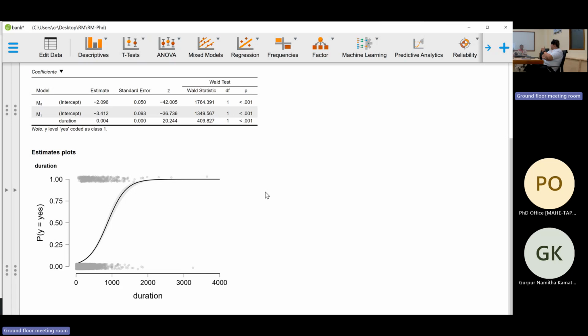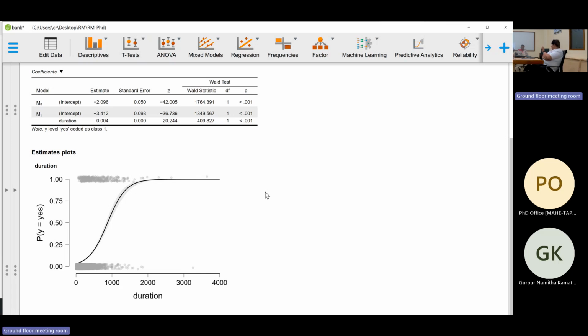because it is a categorical variable. In logistic regression, your dependent variable is a categorical variable, and in this case it is a binary variable, because we are talking about binary logistic regression.